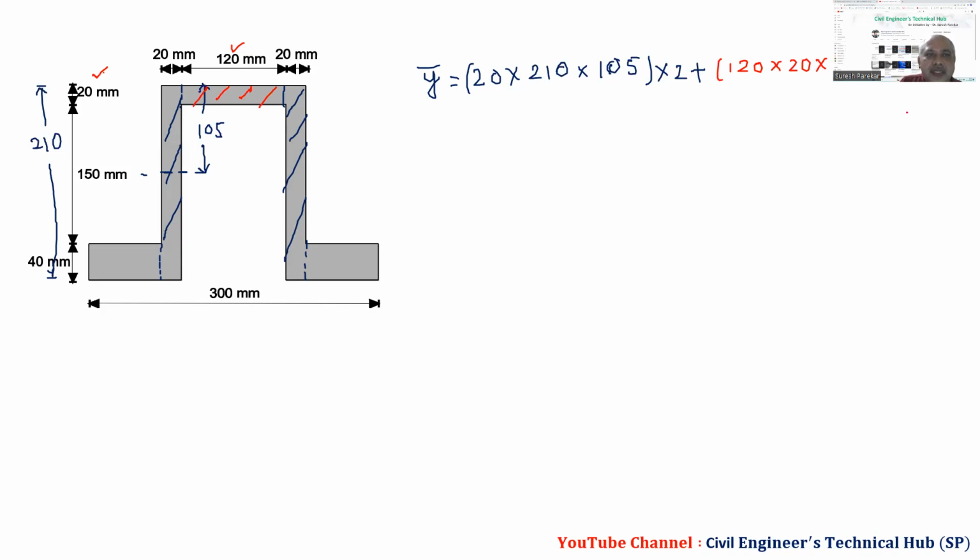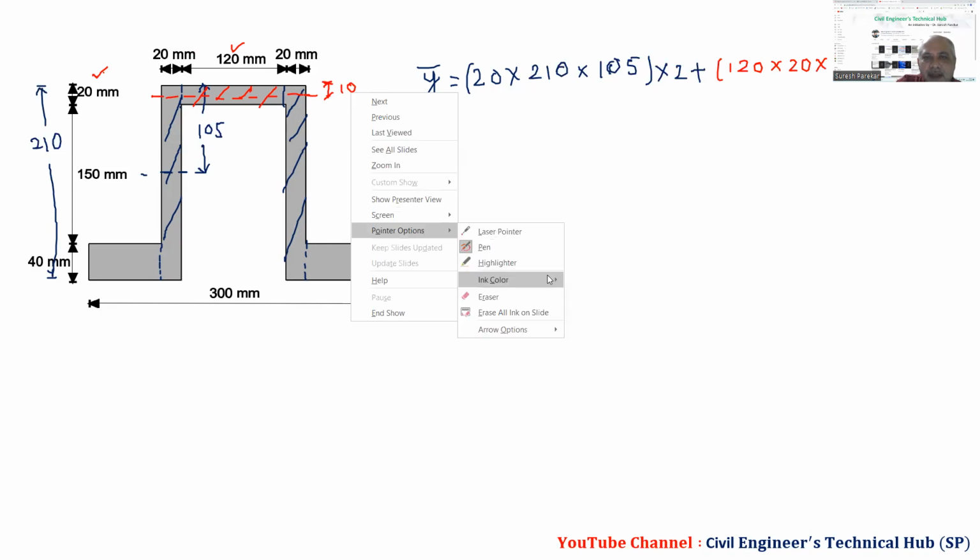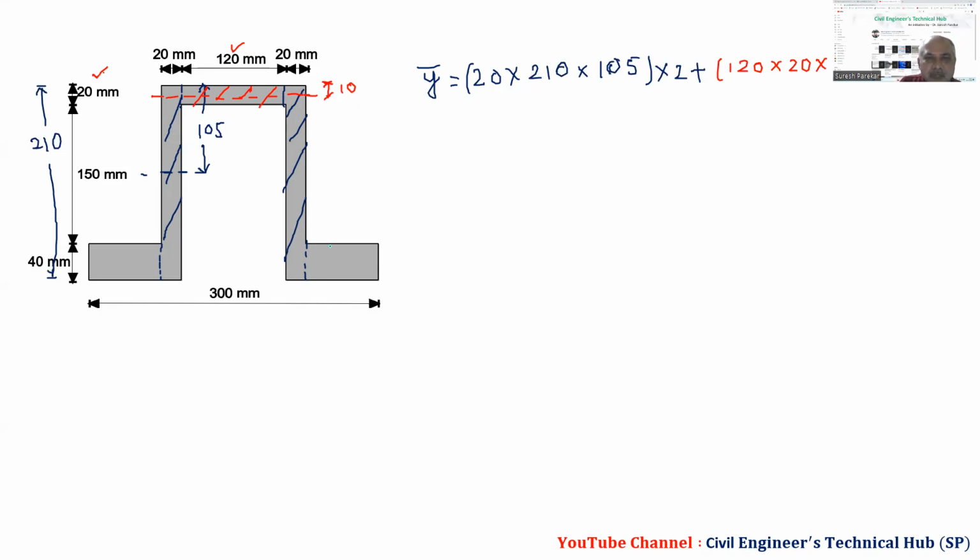So I will draw its centroid with the same color. So we have 10. And then third, we will consider with another color again. And then we have this portion. So again, we have this twice.